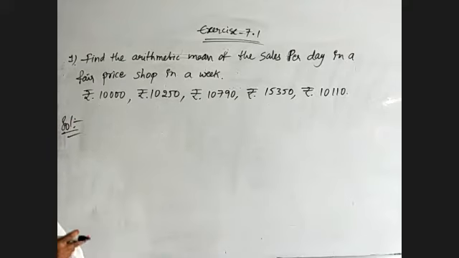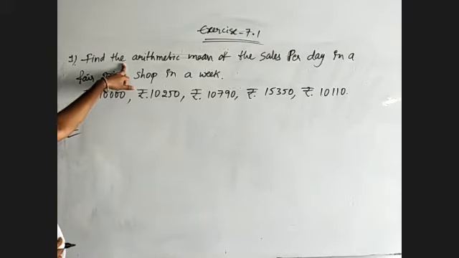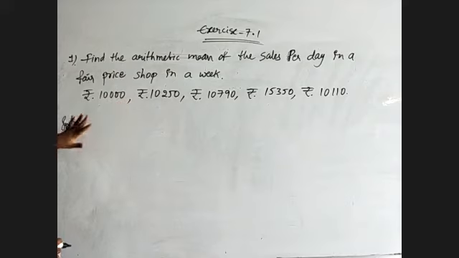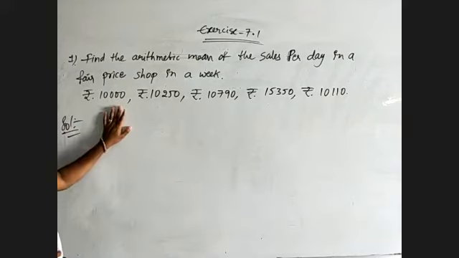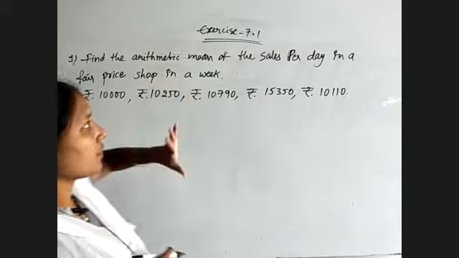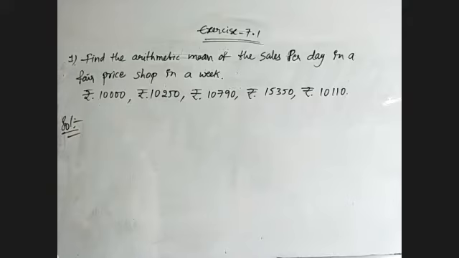So we know that arithmetic mean, find the arithmetic mean of the sales per day in a fair price shop in a week. So here prices are given for the week: 1, 2, 3, 4, 5 days given, and 6.